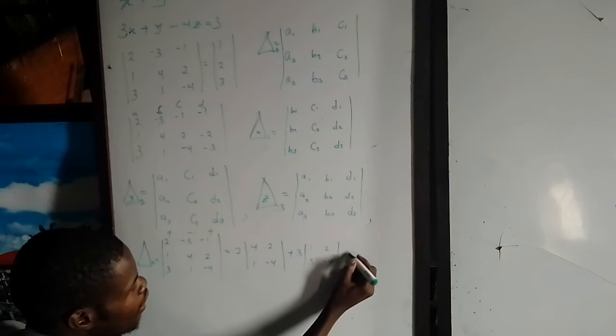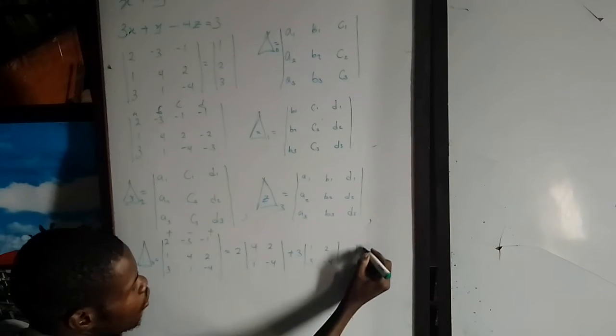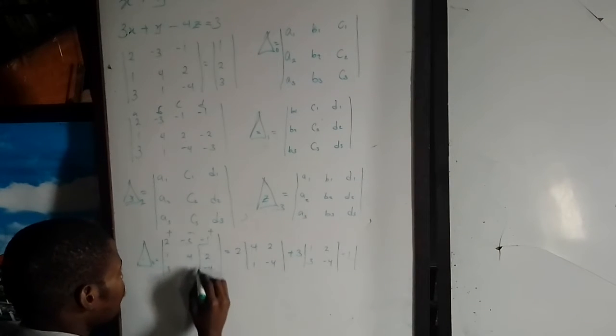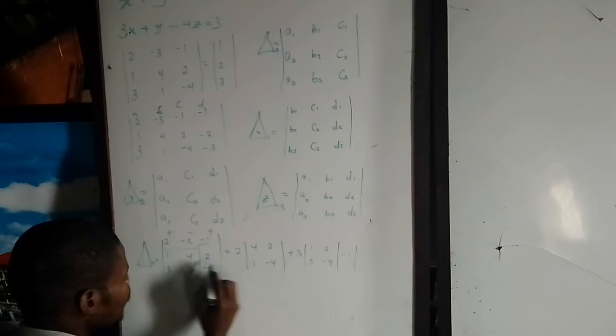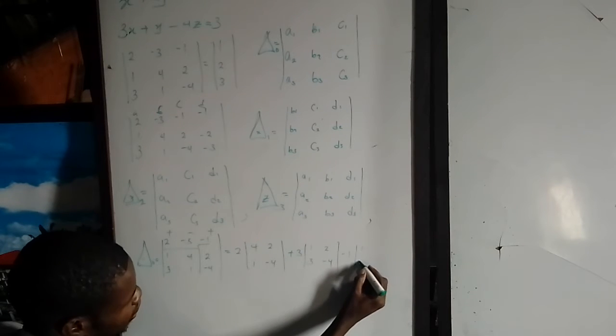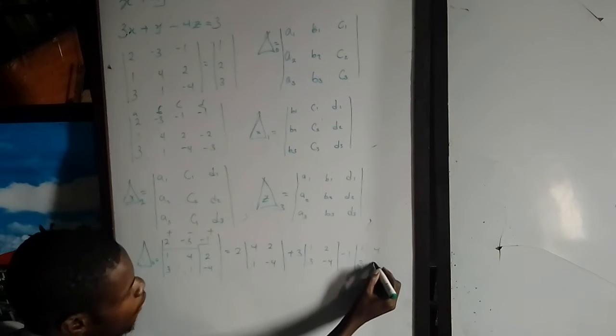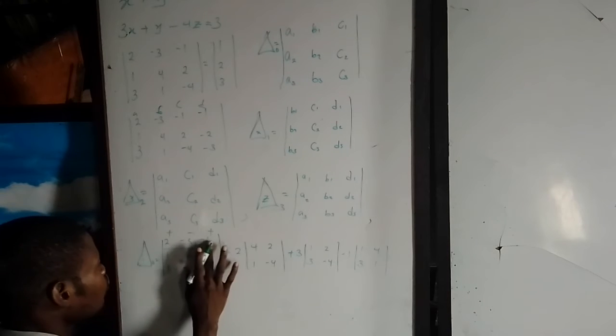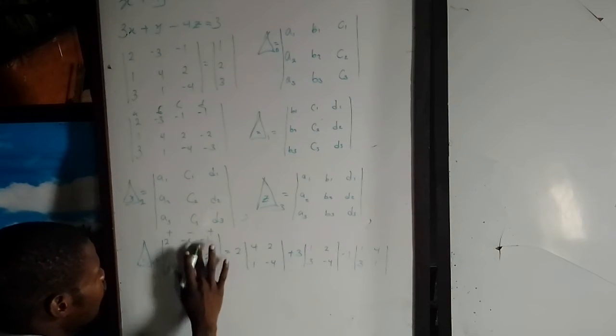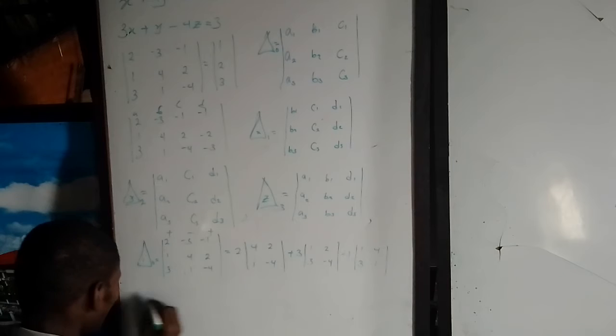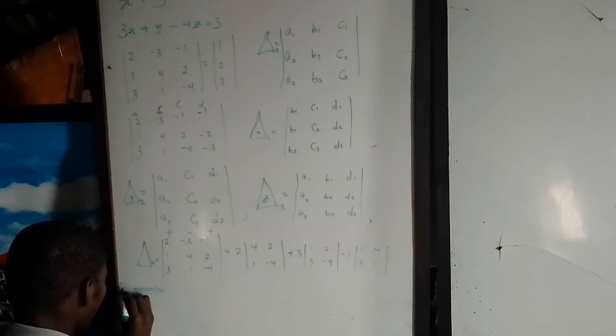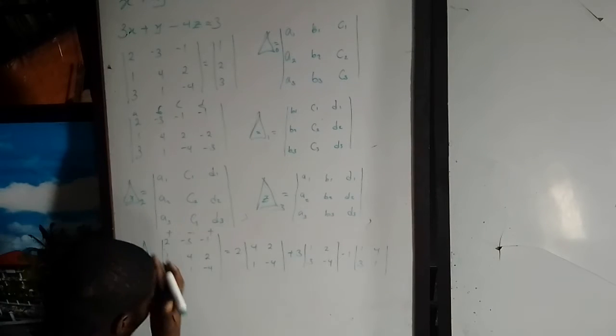So you are going to have minus 1, this, you're going to have this, 1, 3, 4, 1. So let's solve. You are going to have what? Determinant 0.